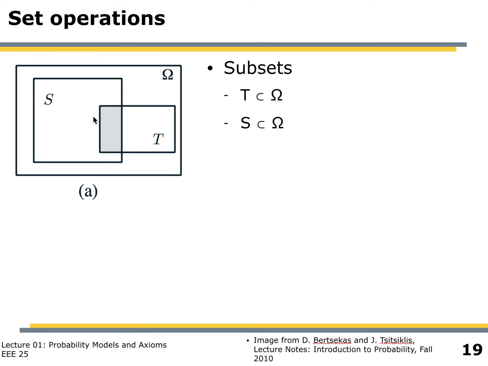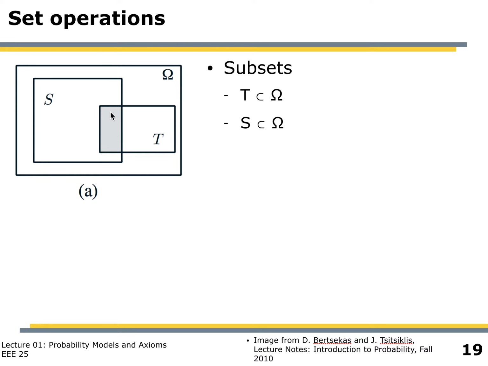Now, let's try to describe the relationship between the two sets S and T. You can interpret it as follows: there are some elements in S that are also in the set T, but not all of them.